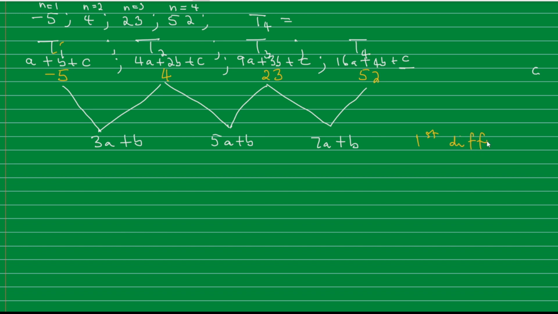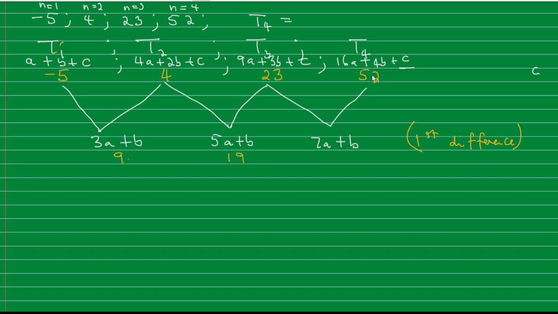Now the numbers that we got after subtracting the first time. If we are going to particularize this one, we are going to say 4 subtract -5. So when we take our terms in the sequence, 4 subtract -5, that will be 9. 23 subtract 4, that will be a 19.